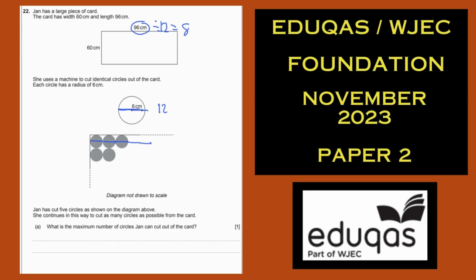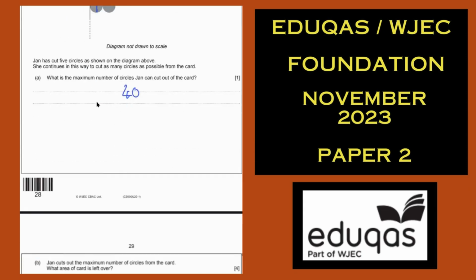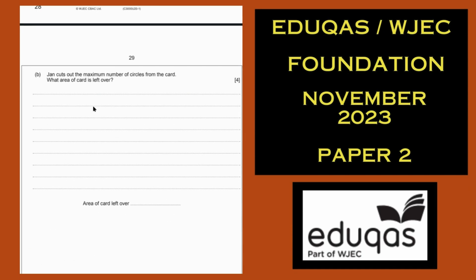Now, if the diameter is 12 across, the diameter is also 12 from top to bottom. So, same question. How many 12s fit into 60? The answer is 5. So she can cut 8 times 5. 8 rows of 5, 5 columns of 8, however you want to think about it, no one cares. It's 8 times 5.